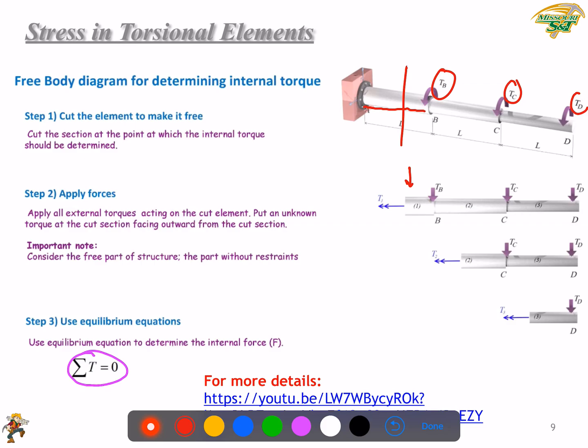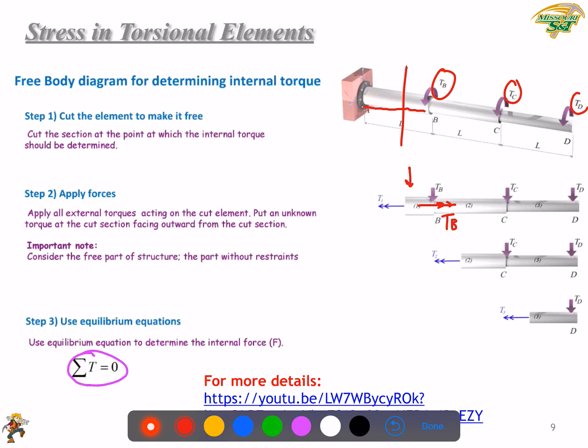So look at TB. If you curl the 4 fingers of your right hand in the direction of TB, you will see that your thumb will be pointing right. So here you will get TB in this way. So this is the equivalent TB.